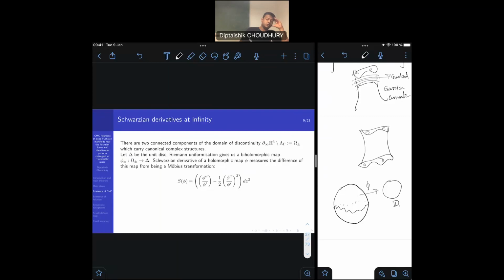In such a situation, you can consider the Schwarzian derivative of this map, which gives you a quadratic differential here. The Schwarzian is defined in this way, as I have written: the derivative of phi double prime by phi prime, minus half of phi double prime by phi prime whole squared, dz squared. A property of the Schwarzian derivative is that the Schwarzian is zero if and only if this phi is a Mobius map.